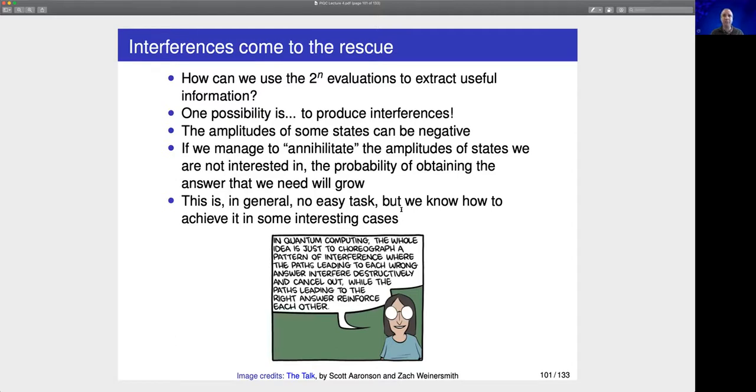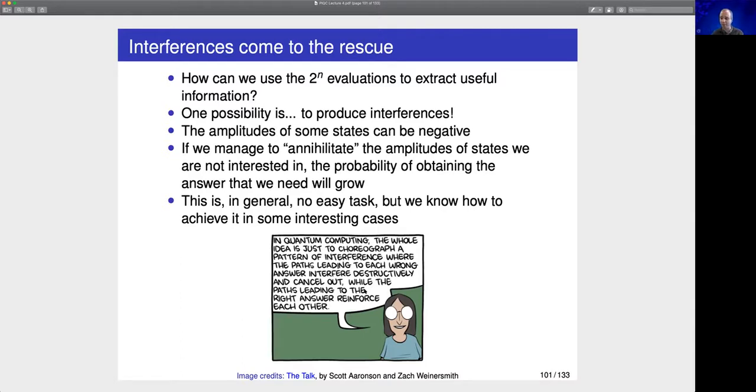I strongly recommend that you read this comic by Scott Aaronson and Zach Weinersmith that I have taken the liberty of representing here with some of the pictures, okay?